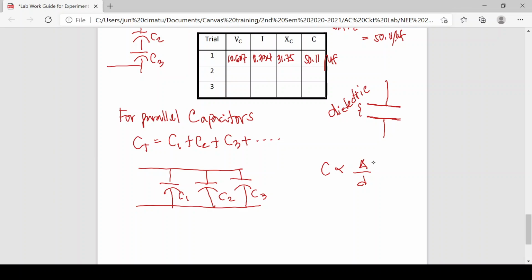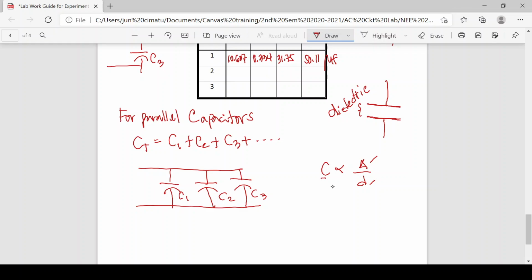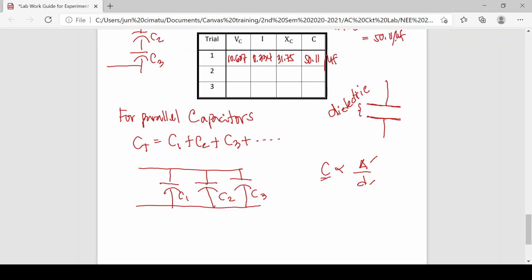So as you increase the area of the plate, you increase the capacitance. Now if you connect the capacitors in series, you are increasing the dielectric distance, which is inversely proportional to the capacitance. Thus, increasing the dielectric would decrease the value of the capacitance in the circuit.